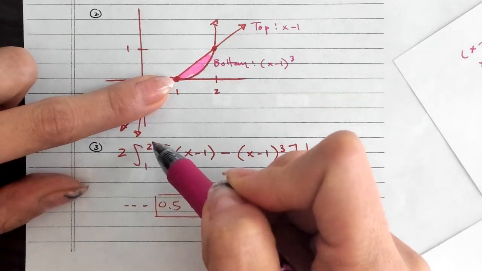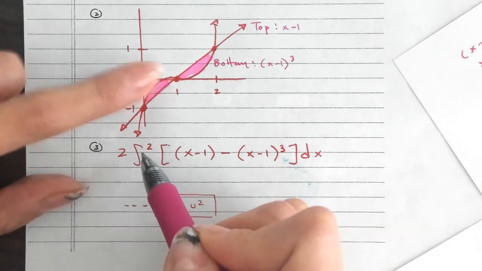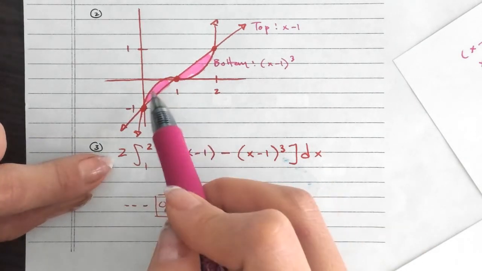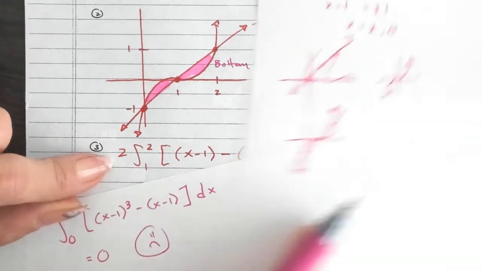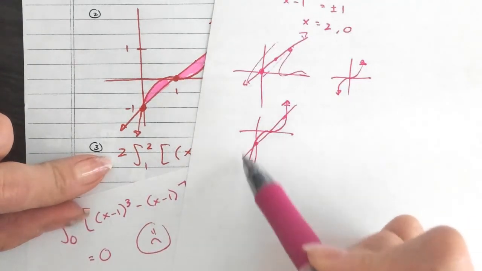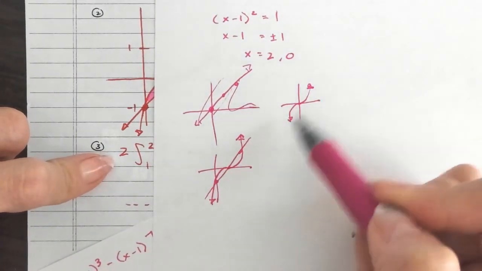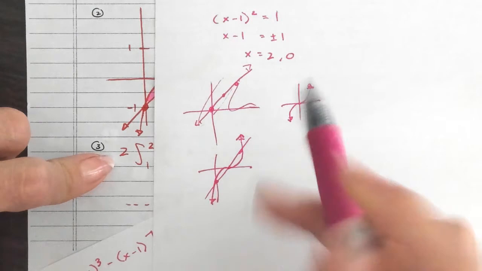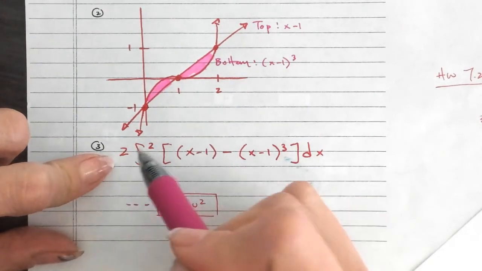And then I have top minus bottom, and I'm multiplying it by 2 because I know this area should be the same, only because I know that for the line and the x cubed, it's totally symmetrical along this diagonal, right? If it's totally symmetrical, then those two areas should be the same. So that's why I can multiply by 2.